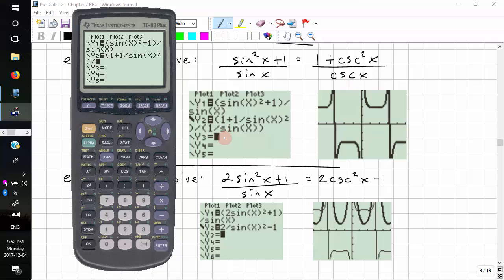This is 1 over sine, but because there's more than one factor, we need to put brackets around that. We check our brackets, 1, 2, 1, 2, 1, 2, 1, 2. And we're good to plot.